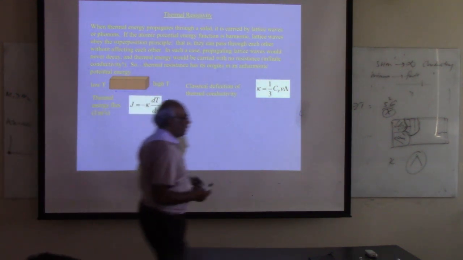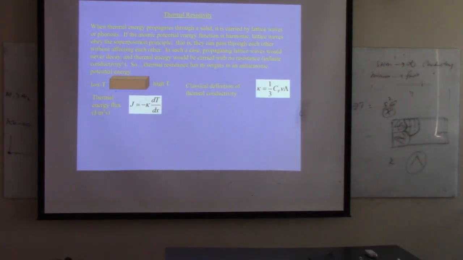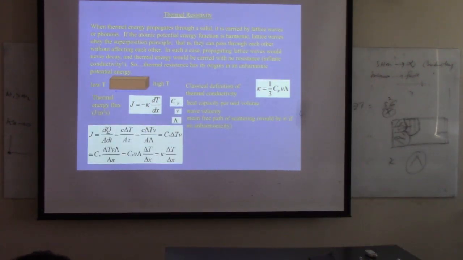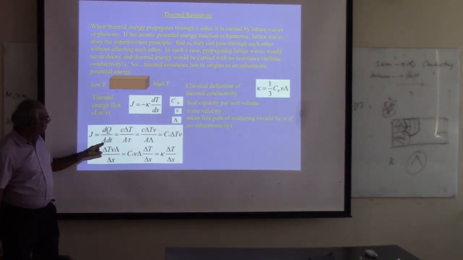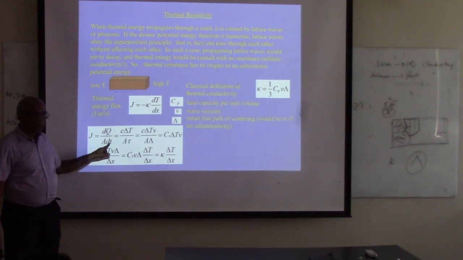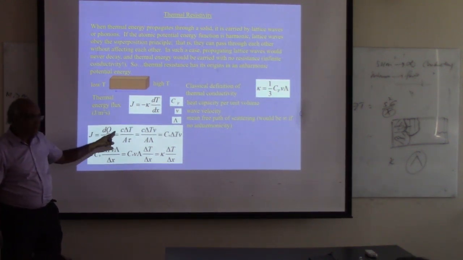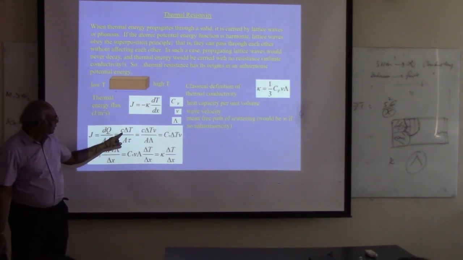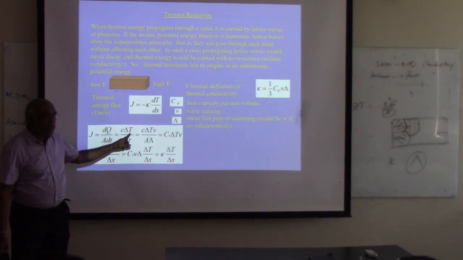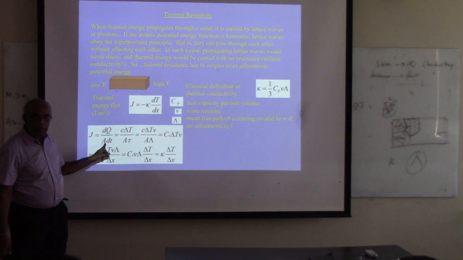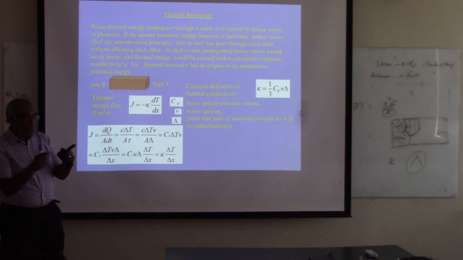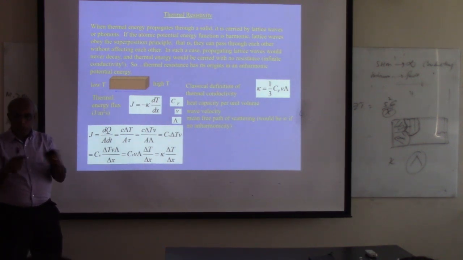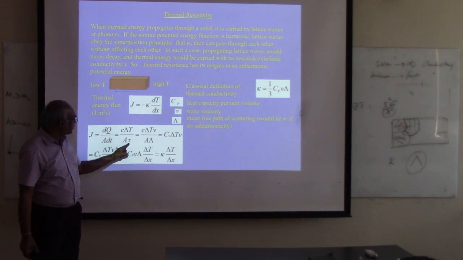So if you actually write this, let me quickly show the derivation. Everybody can understand this one. J means 1 over A dQ over dt, right? So now I can write Q as, for a unit mass, what's the heat, specific heat capacity, right? Heat capacity times temperature difference divided by A. Now the time for a collision between two phonons, I can write as tau.